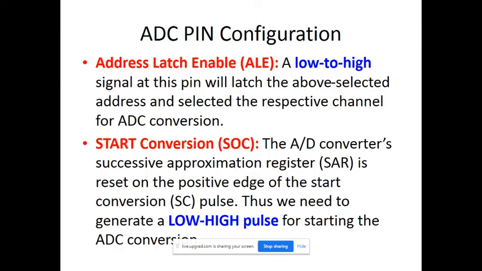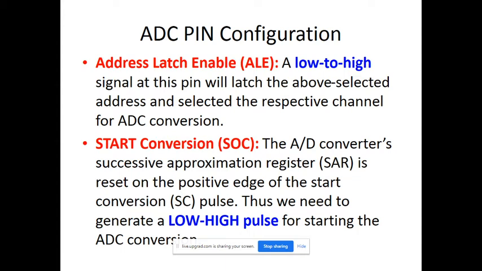Next, address latch enable. When the controller sets the proper number on A, B, C, it applies a low to high pulse on address latch enable. When it is a low to high pulse, at that time whatever address you are choosing is latched, or the respective channel is connected to the ADC for conversion.